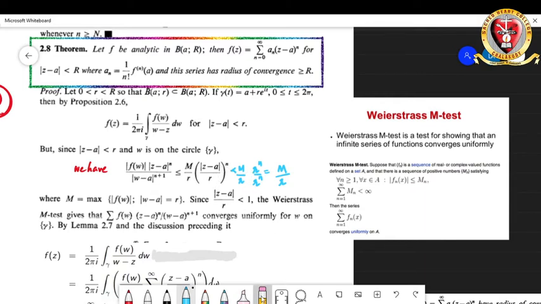So you are getting such a quantity, and its summation is strictly less than infinity.